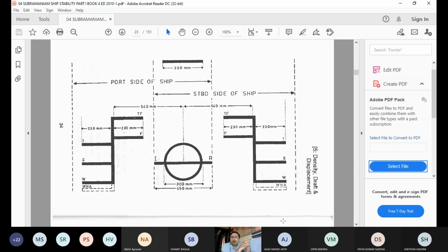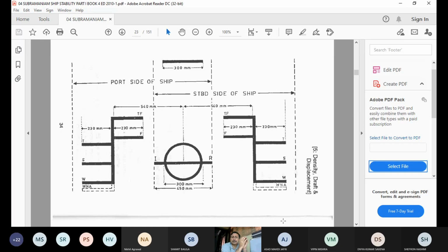So my actual draft at Haldia with reference to F will be less than F. My arrival draft at Haldia will be less than F, by that much quantity of liquids that I have consumed at sea. Agreed?